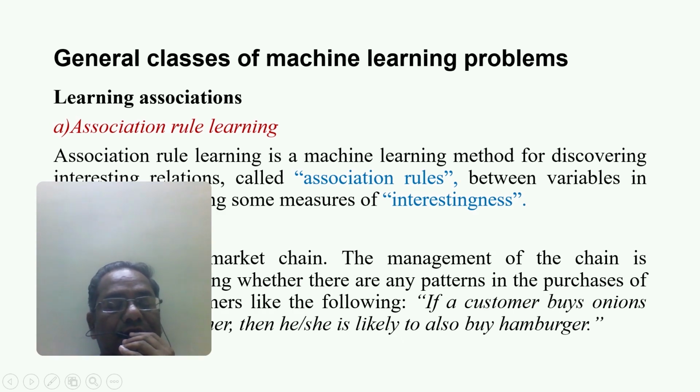Let us consider one small example about a supermarket. How the supply chain management will be done in a supermarket, purchasing of goods or products based on the customer's satisfaction conditions. Here I am applying a condition: if a customer buys onions and potatoes together, then he or she is likely to also buy a hamburger.